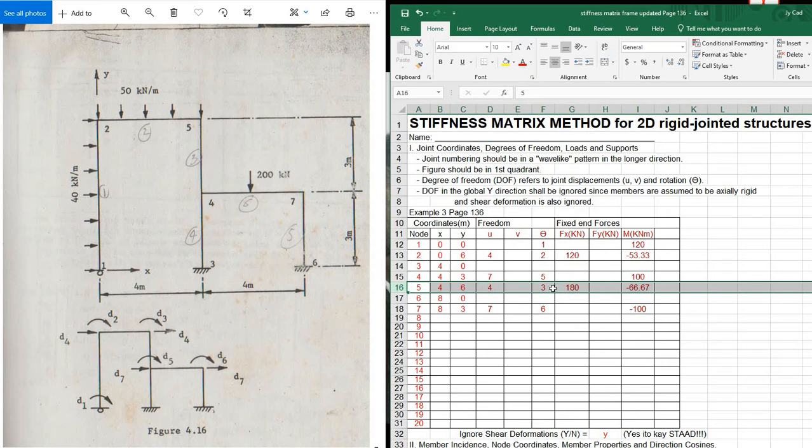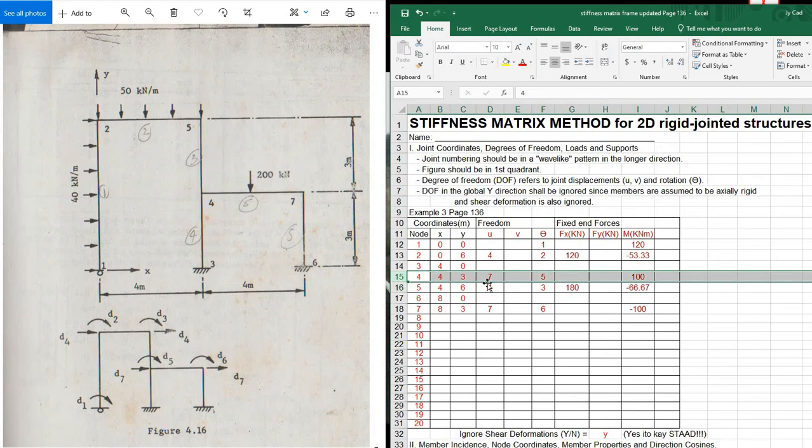And then, yung common displacements ni nodes 2 and 5, you have D4. Okay, so that is D4 under U. Kay node 5, you have D4 under U.